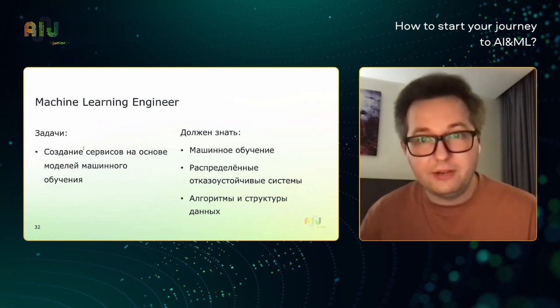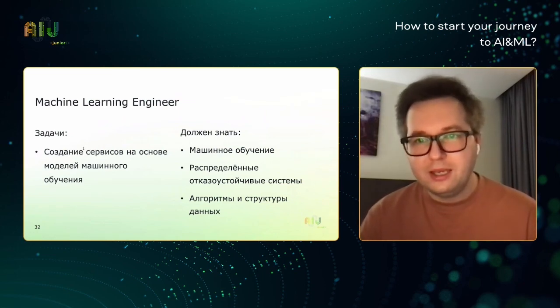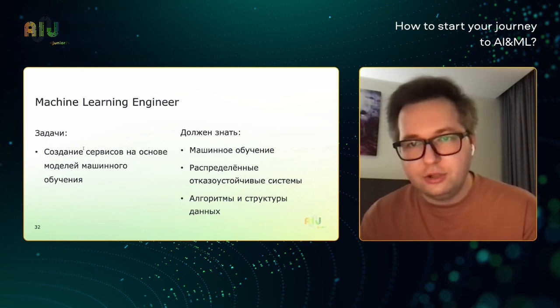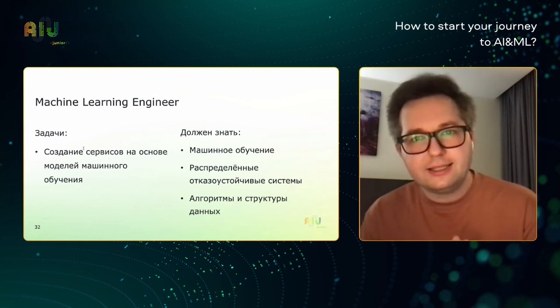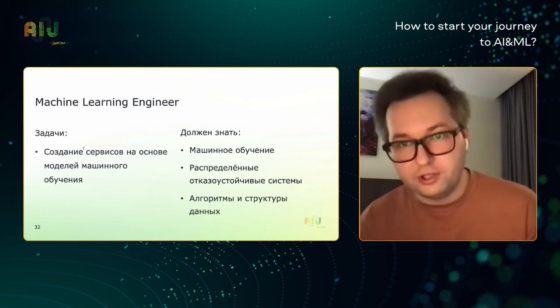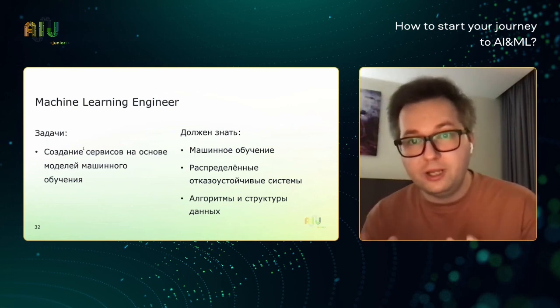And there is a machine learning engineer, another profession. These are people who implement models and deploy them. One thing is when we invent a model to make a good search engine like Yandex or Google.